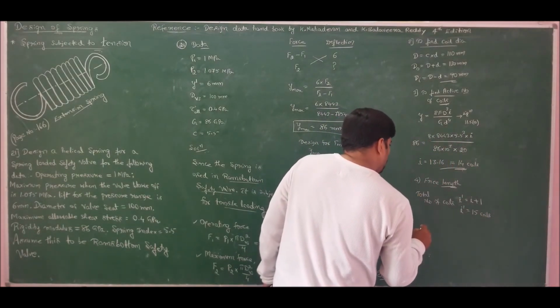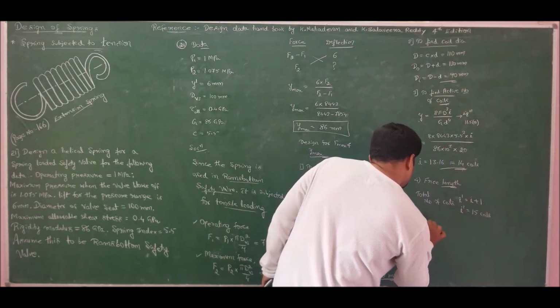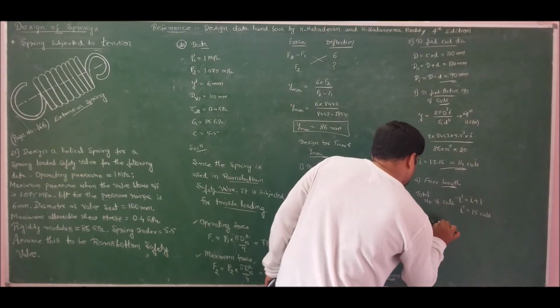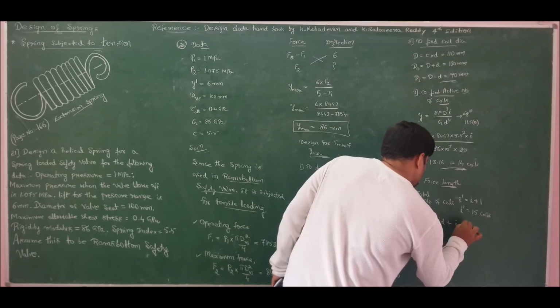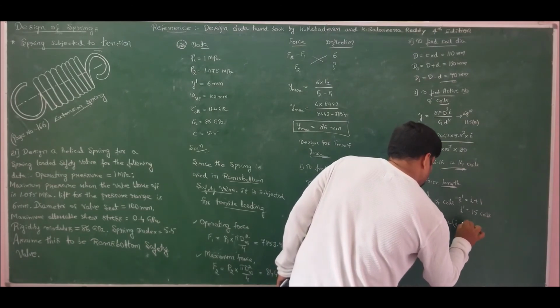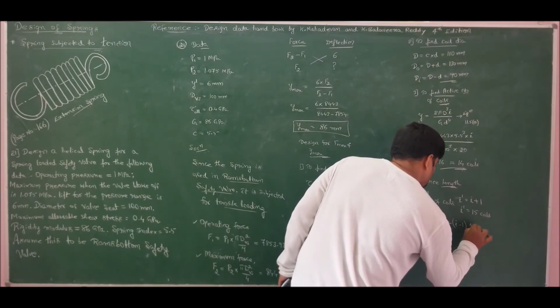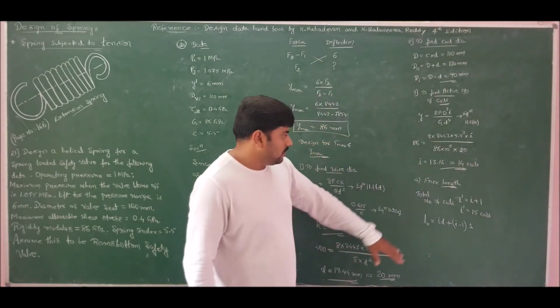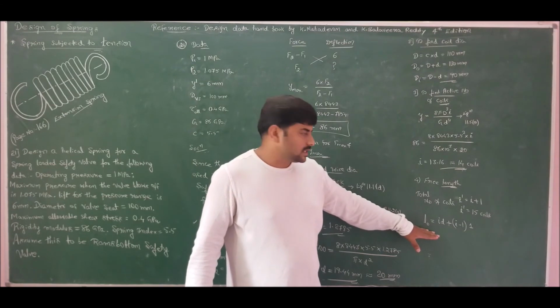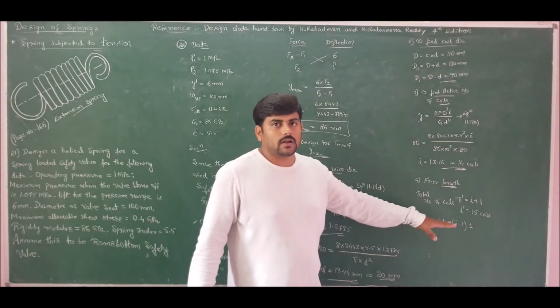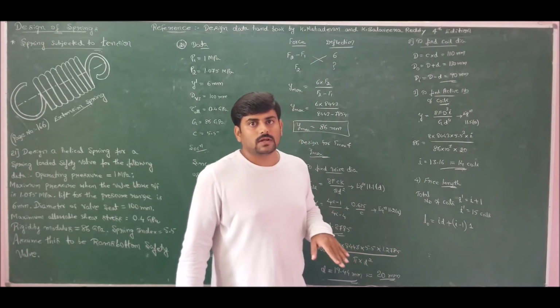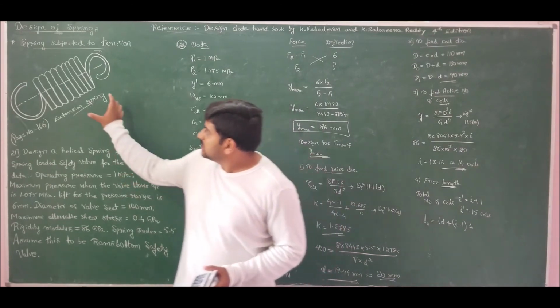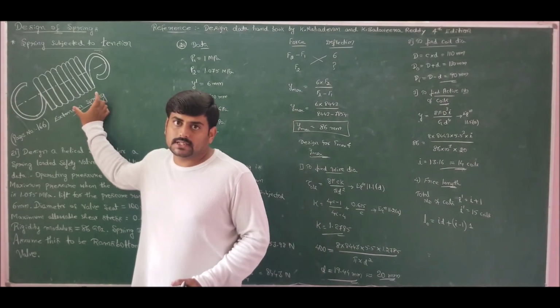Now coming to the formula of free length, denoted by L naught. L naught is equal to solid length plus allowance, that is ID plus I minus 1 into 1 mm. Here there is no question of maximum deflection because the spring itself will be in the solid state.